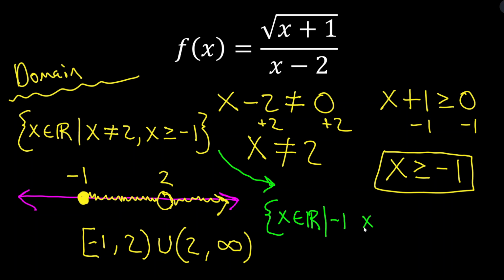X is bigger than or equal to -1, but less than 2, or x is greater than 2. And so this makes it a little bit more clear about what x values we're looking at. We're looking at -1 to 2, including -1, and then we're skipping over 2. So less than 2 or greater than 2.